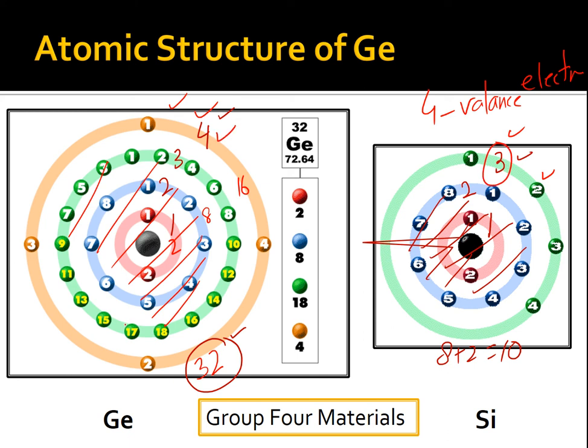So the valence electrons of germanium will have weaker bonding with the nucleus, with the core, as compared to the valence electrons of silicon, because those are in the third shell. The third shell has comparatively stronger bonding of the valence electrons with the nucleus. Although they have the same number of valence electrons, their bonding will be different.